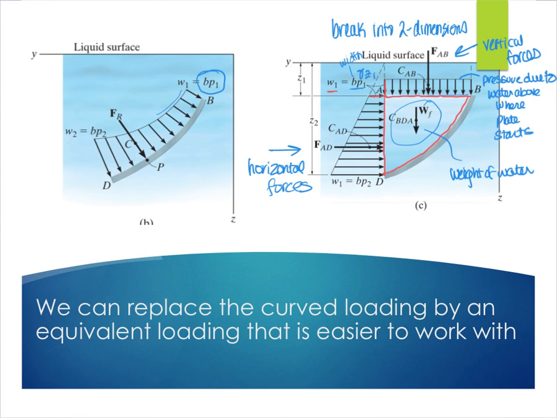And then as we go down to the very bottom of the plate, we're at depth Z2. This is equal to gamma Z2 because we're at a depth of Z2, and the pressure at that location would be gamma Z2. And then, of course, we are multiplying it by the width of the plate, which is the dimension that goes into the screen.